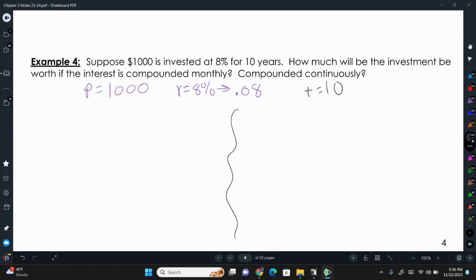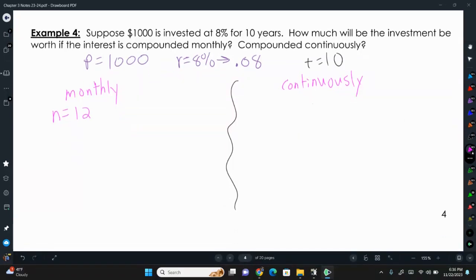So we're going to do this monthly and continuously. For monthly, our n value is going to be 12 because there are 12 months in a year. Continuously, we don't have an n value.